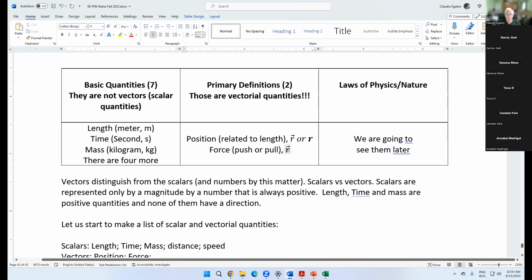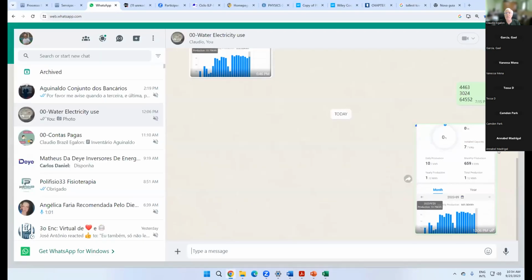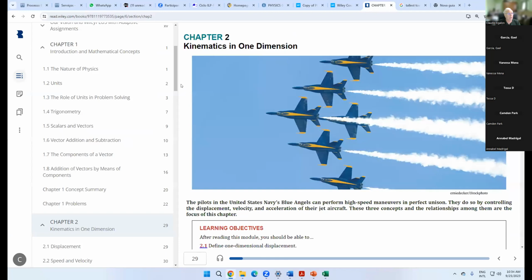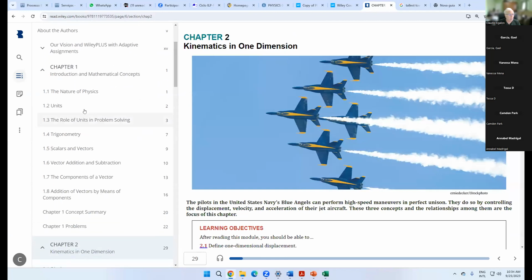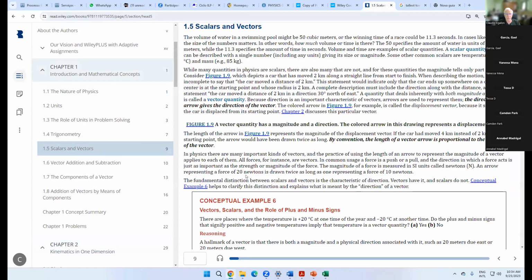In the case of force, we use the letter F, or the bold-faced letter F. Let's take a look at the notation that the book used. Chapter 1, scalars and vectors, that's 1.5.